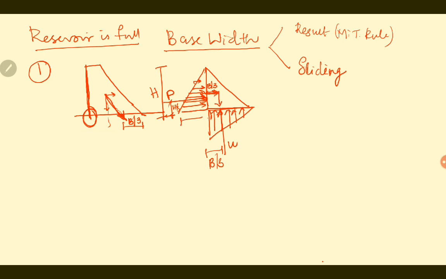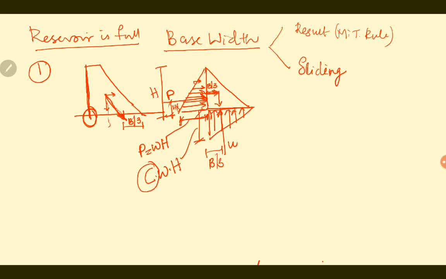Okay. Now what will be these values? This ordinate and this ordinate. The hydrostatic pressure ordinate P will be equal to W into unit weight of water into height. And what will be the uplift pressure value? It is given as C into W into H. Okay, what is the C value?